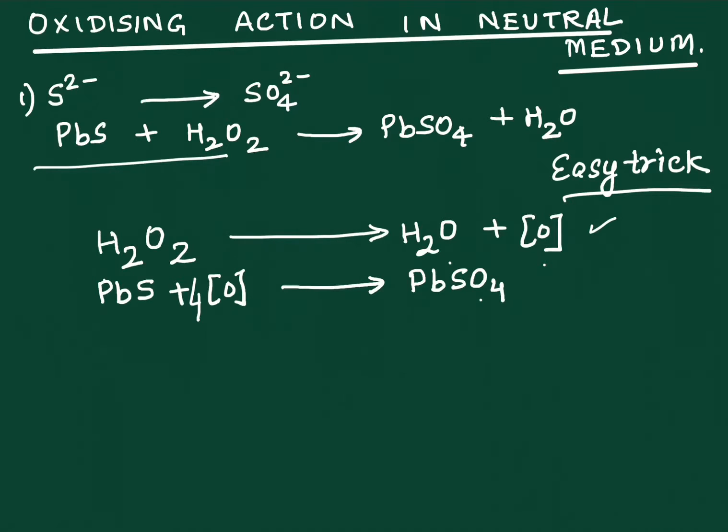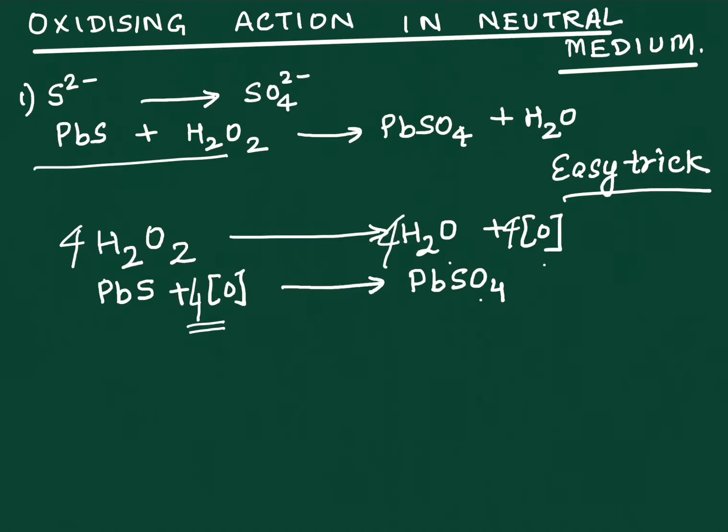Now the second equation says that I need 4 nascent oxygen. But in the present scenario, the first equation is giving me only 1 nascent oxygen. So how do I get 4? If there are 4 hydrogen peroxide molecules dissociating, that means this will also be 4 and this will also be 4, right?